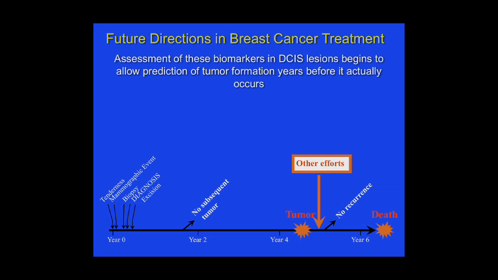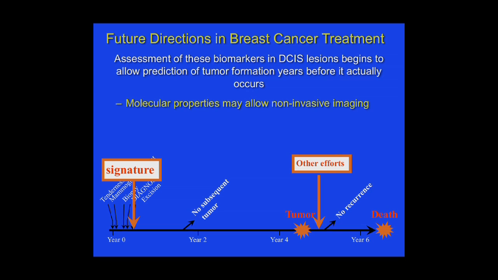Okay? So what I've tried to tell you is that one can go even earlier, and that future directions in breast cancer, we can perhaps start to assess who's going to be at risk and who's not when they're diagnosed with these pre-malignancies. And if we understand the biology that's here, perhaps we can actually start looking at this with non-invasive imaging and seeing which pre-malignancies glow with the bad markers and which glow with the good markers.